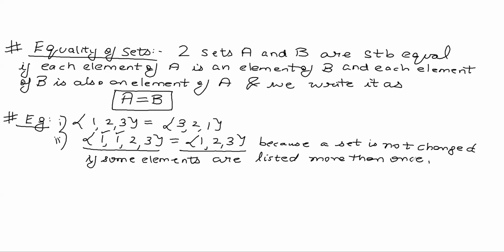And even if I had this case on the top, even this will be equal to the set of 1, 2 and 3. So it does not matter how many times you repeat the same element. The set will remain unchanged. The next thing we talk about: set membership.